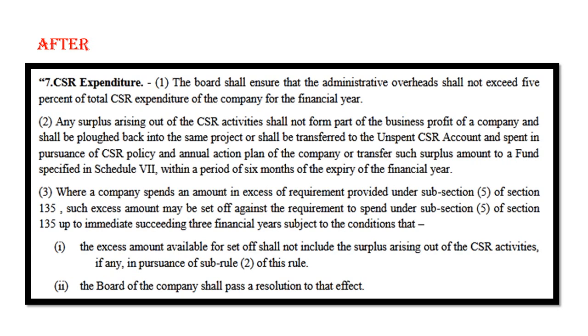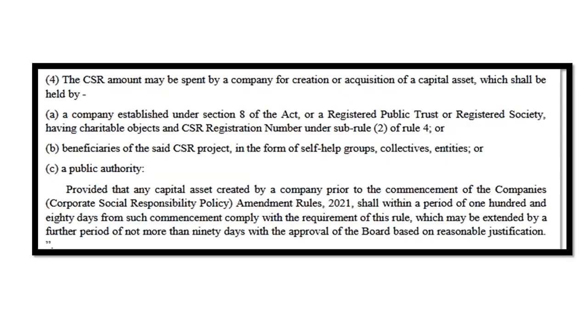The excess amount for set-off shall not include any surplus, which I told you about under sub-rule 2, and the board of the company shall pass a resolution to that effect. So a proper board resolution shall be passed.